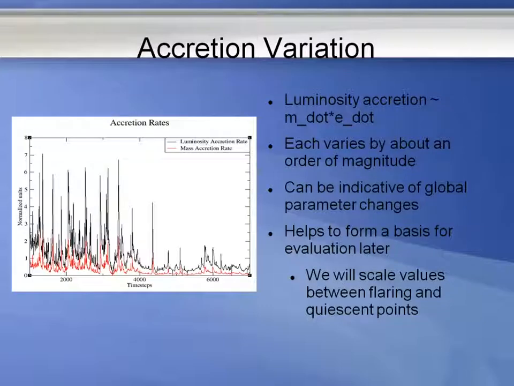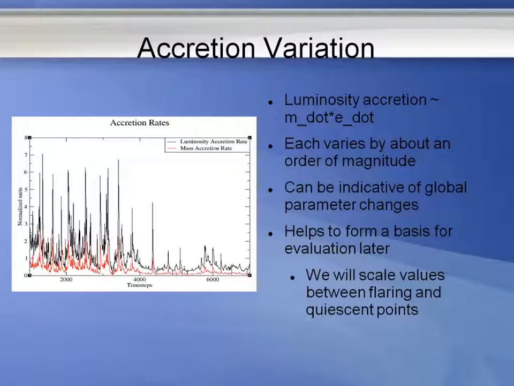This is the accretion rates of mass and luminosity through different regions, or I guess, yes, this was through the black hole horizon over time. And you can see just the amount of variation that we have in accretion rate.